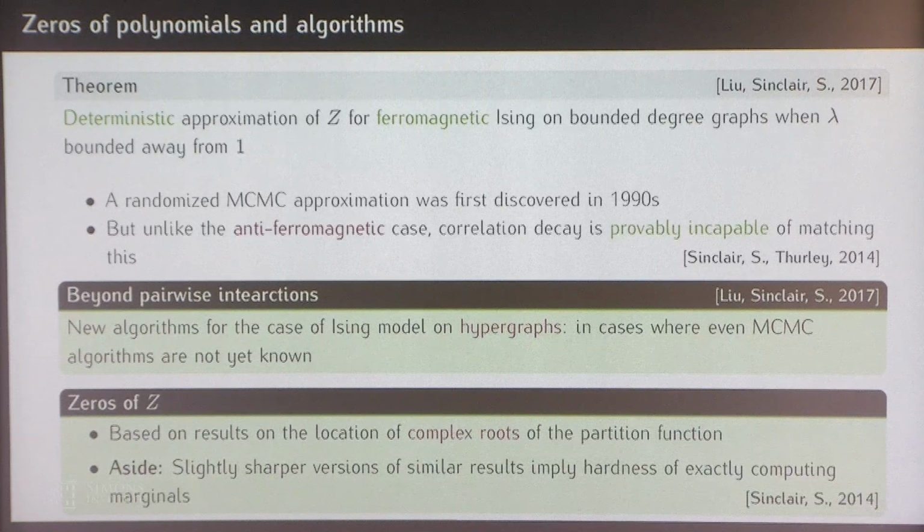But as an aside, these results, and there's no suspense, are going to be Lee-Yang theorems of some kind. If one can prove slightly sharper versions of them, then one can also get hardness results out of them. So I will say something more about them later on.